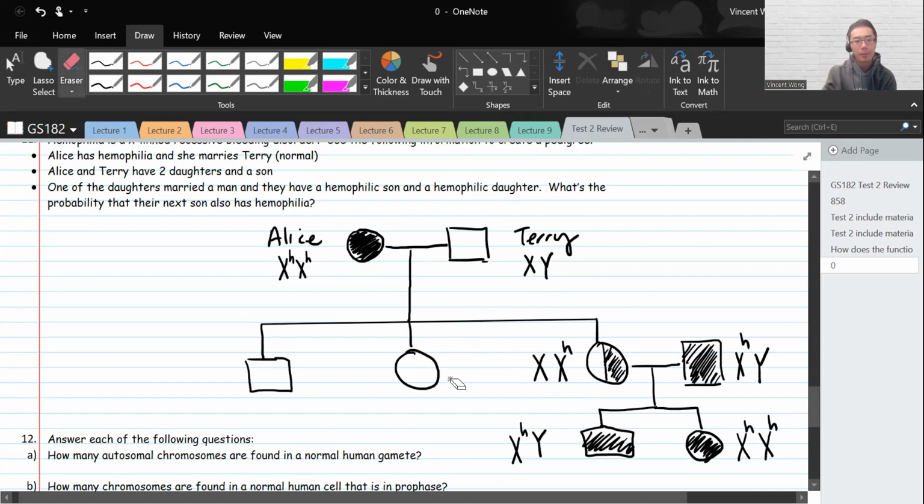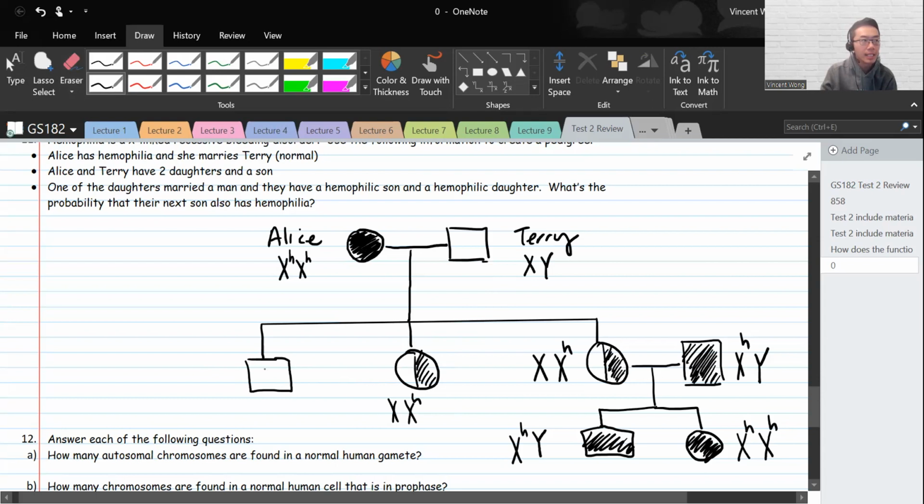We don't really care about these other kids because the question didn't ask us about it. But we know for certain she's also going to be a carrier, because she's going to get the XH from Alice and the normal X from Terry.